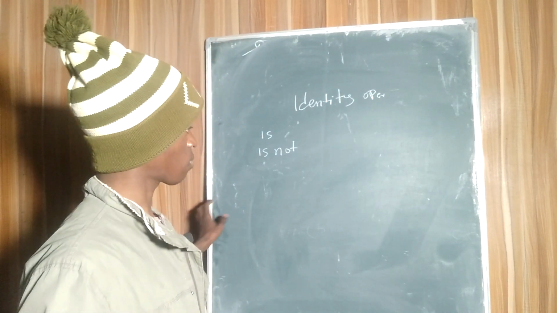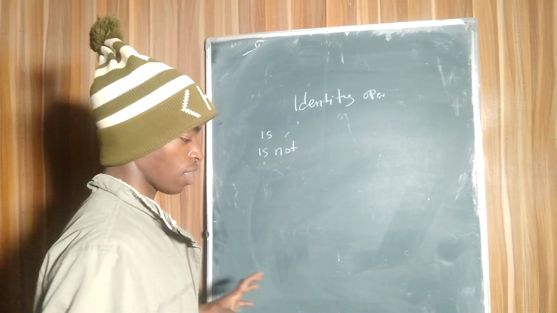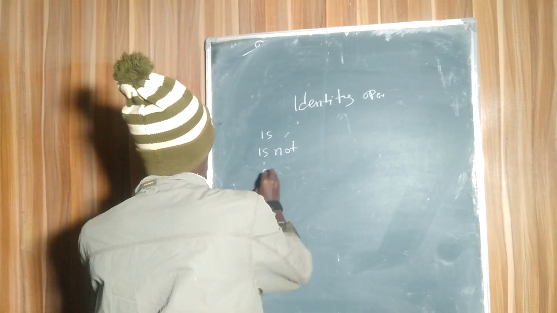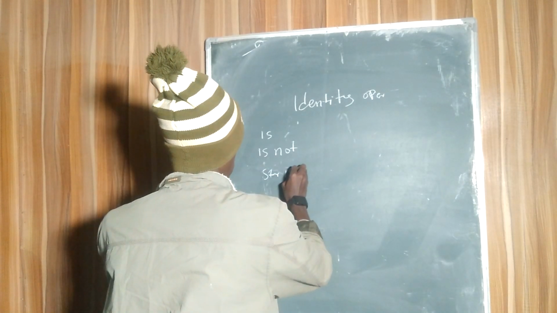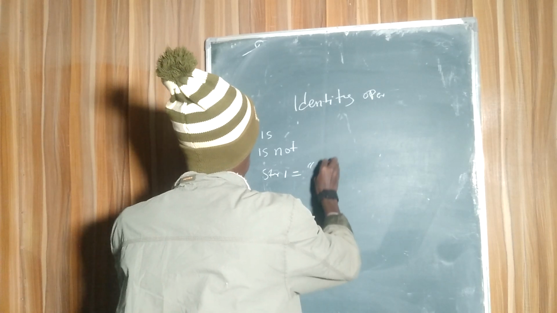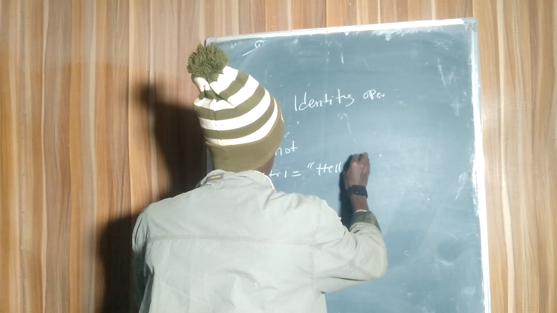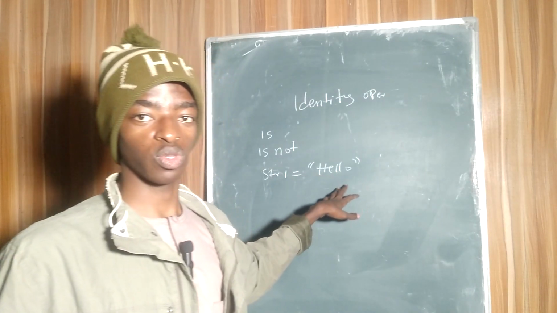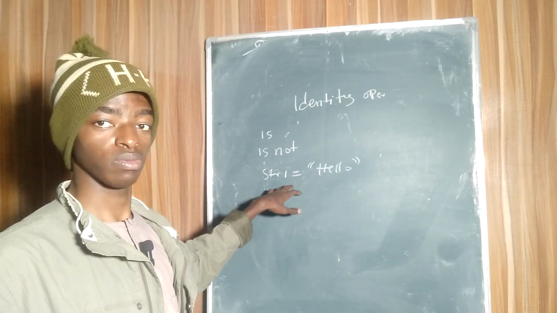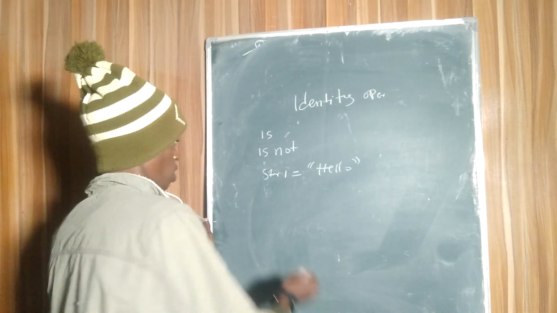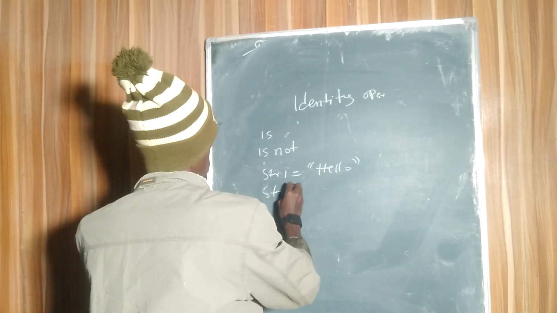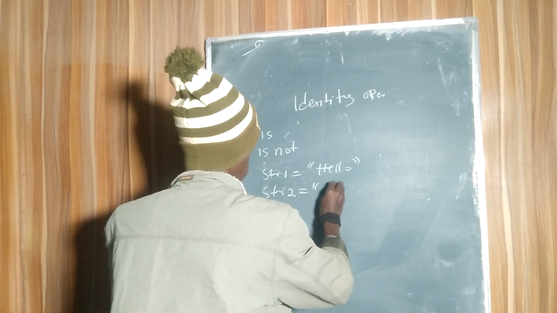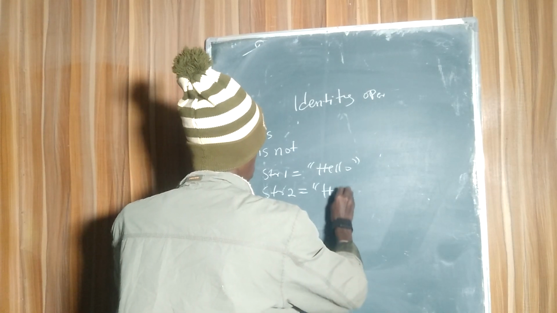So let's say I created a string. Let's call it string1, and string1 is equal to hello. Now inside string1 I store this value, hello, and then I create another variable, string2, and inside string2 I also set hello.